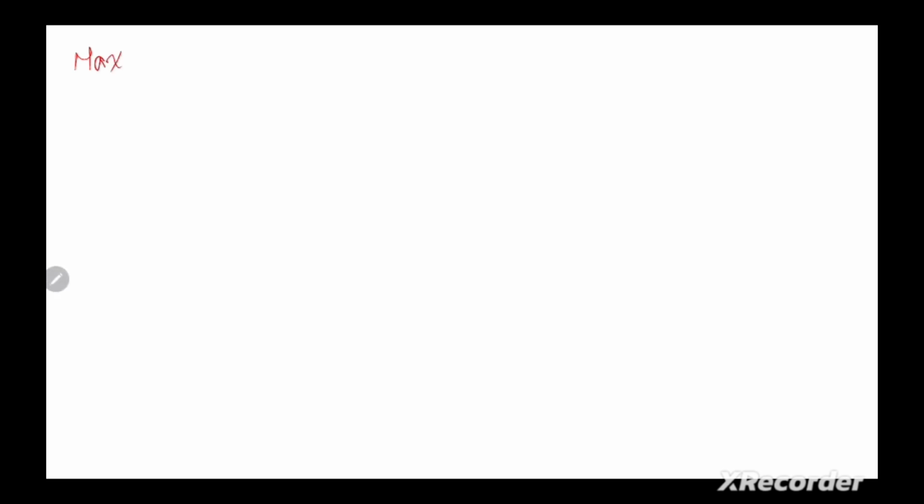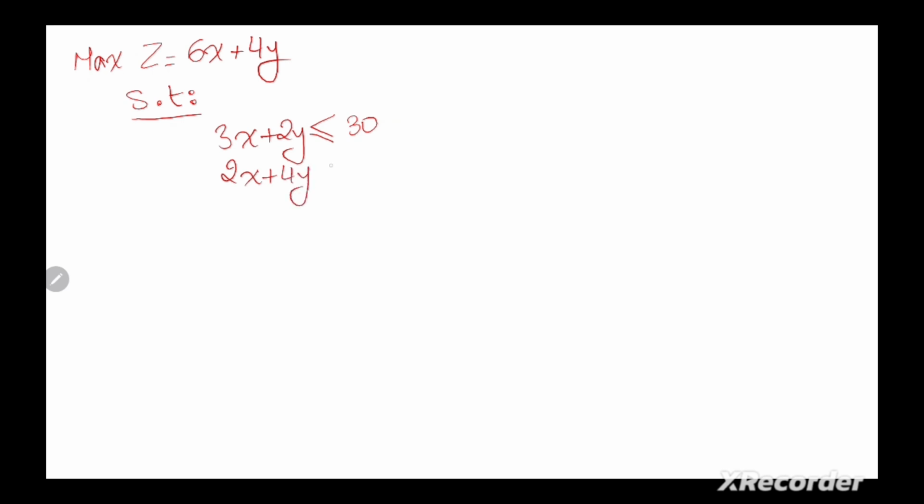I want to maximize my goal function z equals 6x plus 4y, subject to, and pay attention to how we write our function, 3x plus 2y less than or equal to 30, 2x plus 4y less than or equal to 32, x greater than or equal to 2, and the non-negativity constraints x greater than or equal to 0 and y greater than or equal to 0.